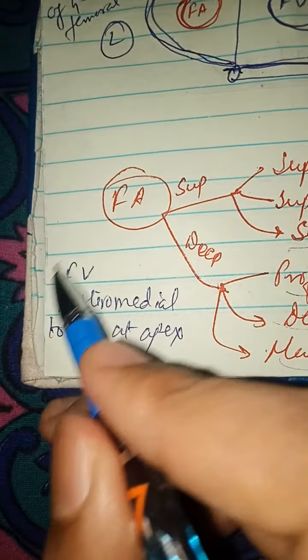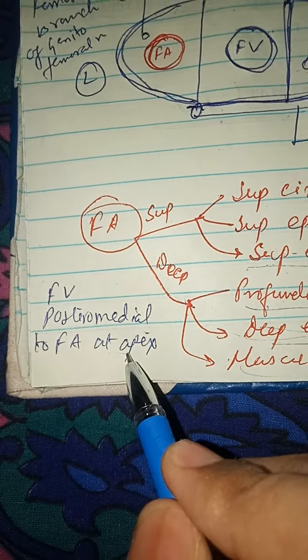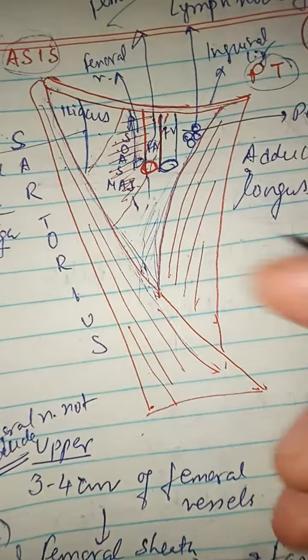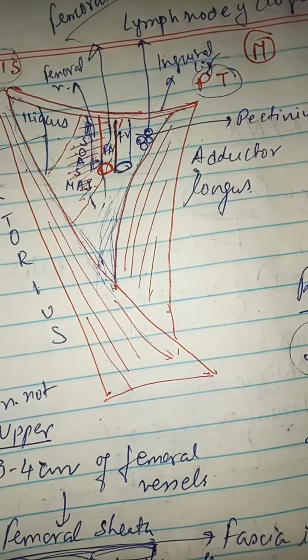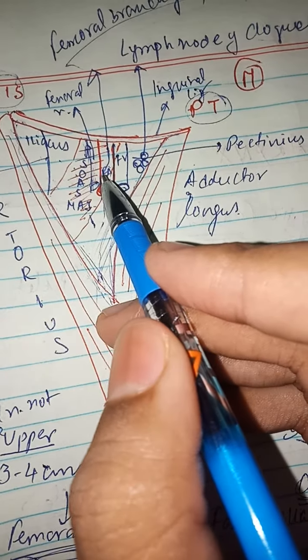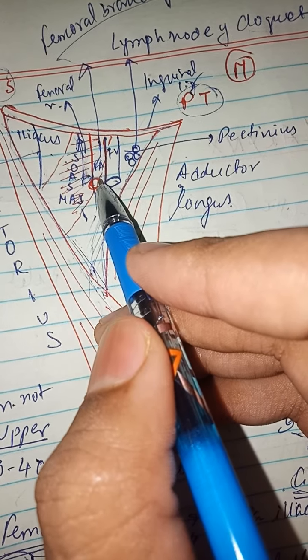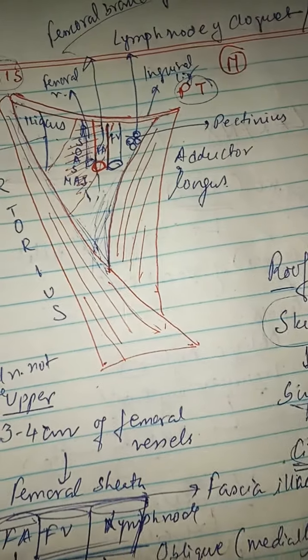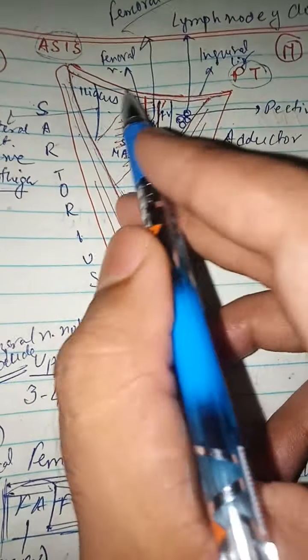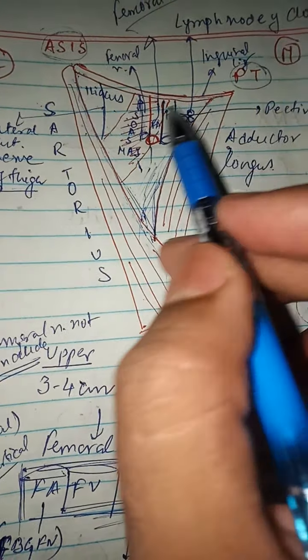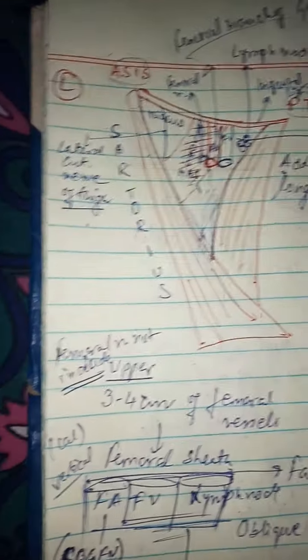Now the femoral vein is posteromedial to the femoral artery at the apex. So the most lateral structure is the artery. Now if we see the femoral sheath, the femoral artery and vein are under the cover of the femoral sheath.